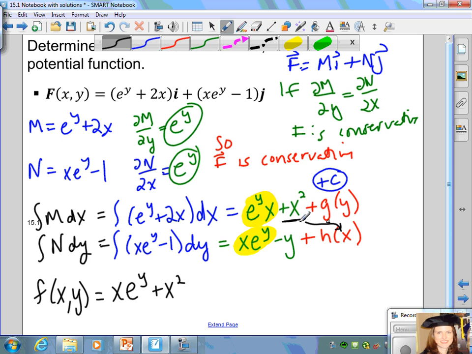So we have a plus x squared that's included in our potential function. And over here we have a minus y that's also included. We don't see it in the first antiderivative because in that case we treated y as a constant. So that's kind of taken care of by adding that. And then there could be some other constants, true constants, plus c. So this is the potential function.